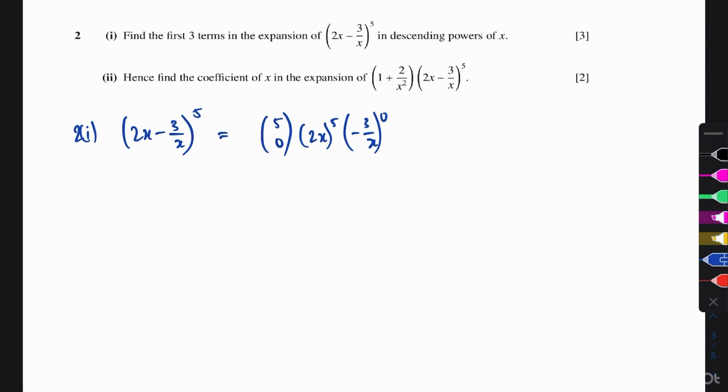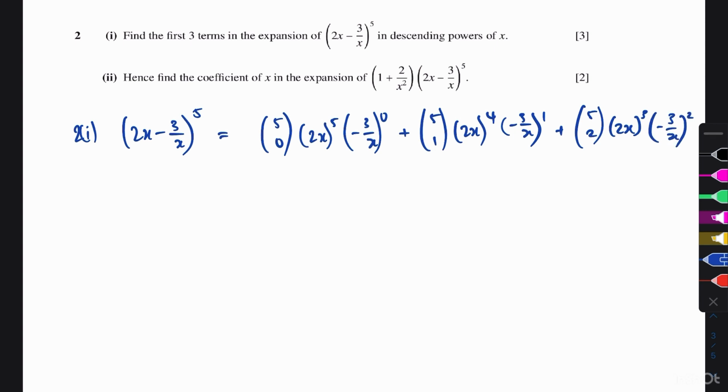And then plus 5c1, 2x to the power of 4, minus 3 over x to the power of 1, plus 5c2, 2x to the power of 3, minus 3 over x to the power of 2.